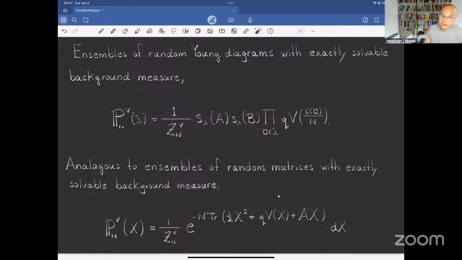And this is very much like the situation that you encounter in random matrix theory, where you look at probability distributions, let's say on n by n Hermitian matrices, against an exactly solvable background measure, which is typically the Gaussian measure, where you can just write down anything you want. And then you add a potential. And if you're really brave, you also add an external source. So this is like the most general version of the Hermitian one matrix model.